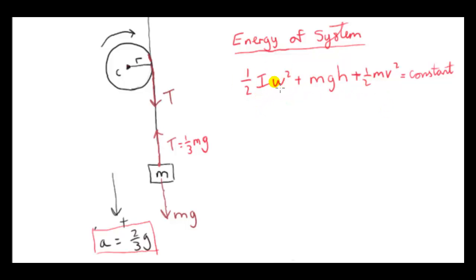So to use this formula to find v at any position or height h of the particle, we substitute for omega, v over r. We know omega is v over r, or v equals omega r. For any rolling or turning disk, that's a piece of string on the edge of the disk, its speed is related to its angular speed omega through this relation.